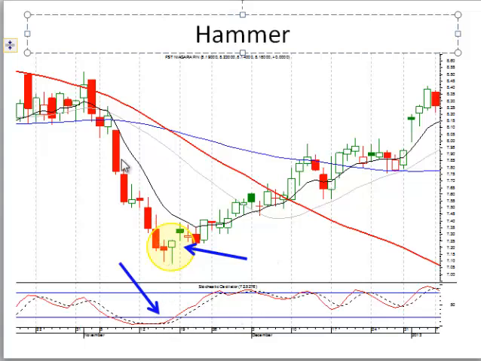This has changed, or should change, your whole perception of when to be buying and selling. It is very difficult emotionally to be buying when everybody else is selling. But if we have the benefit of knowing that we're in an oversold condition and we start seeing a high probability reversal signal, that puts us in a position to be buying with the smart money at the bottom instead of selling.